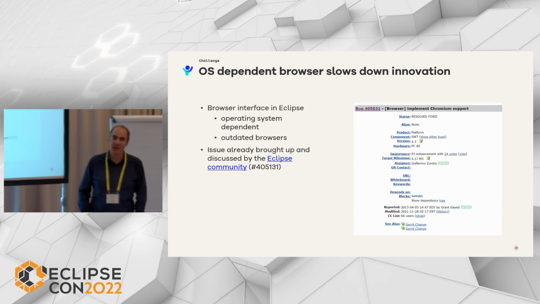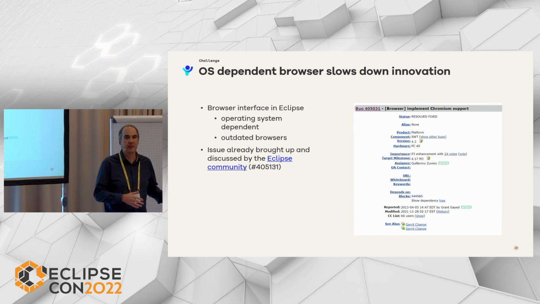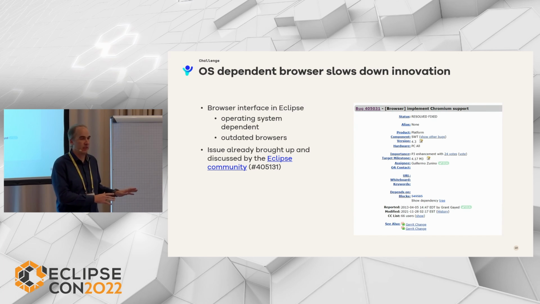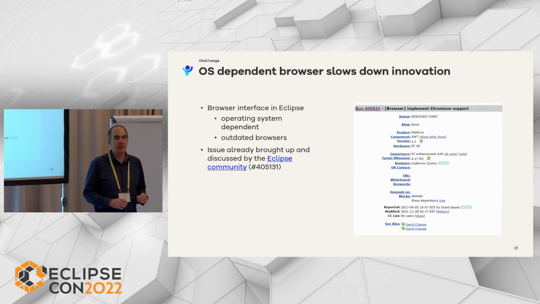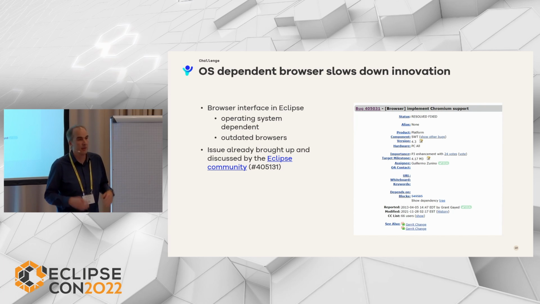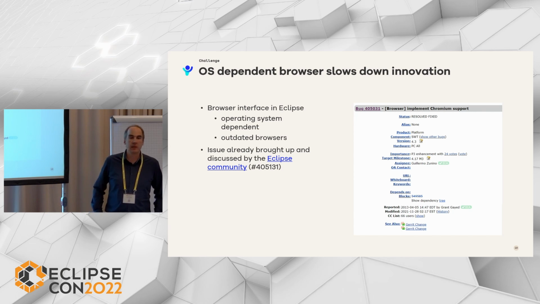And on Linux, it's WebKit, and there are some problems with GTK4, and sometimes you have to install additional things. So it's highly operating system dependent, and it's using very outdated browsers, so it's not usable for that modern tool stack.